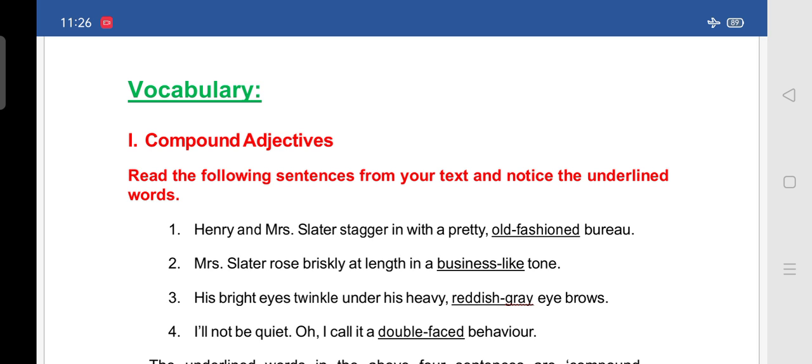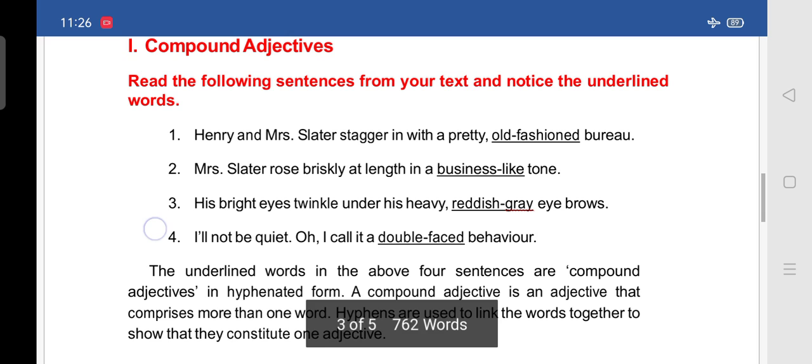Compound adjectives are made up of two or more words linked together by a hyphen. So it is called a compound adjective.